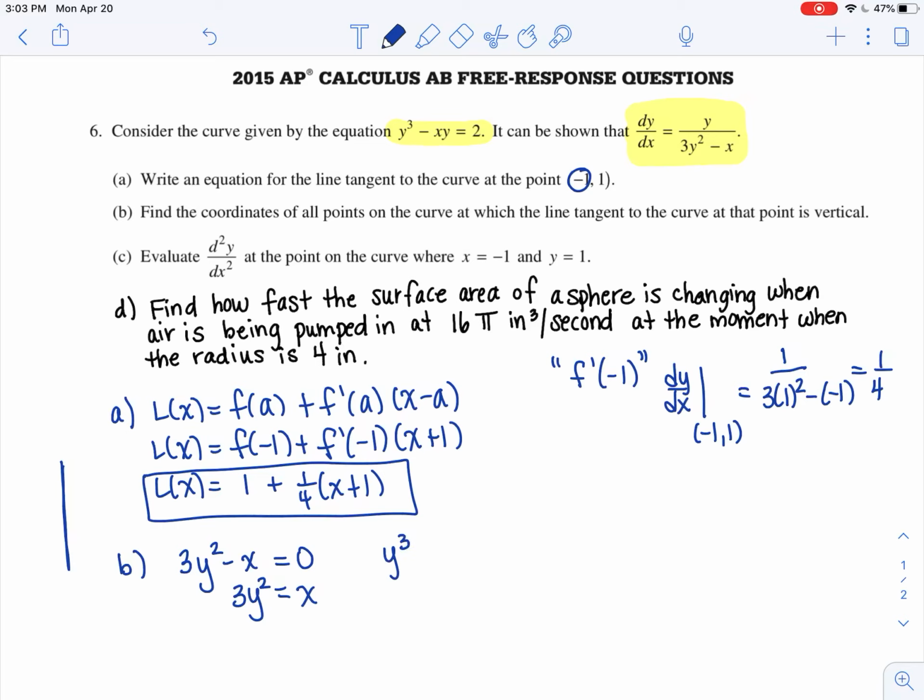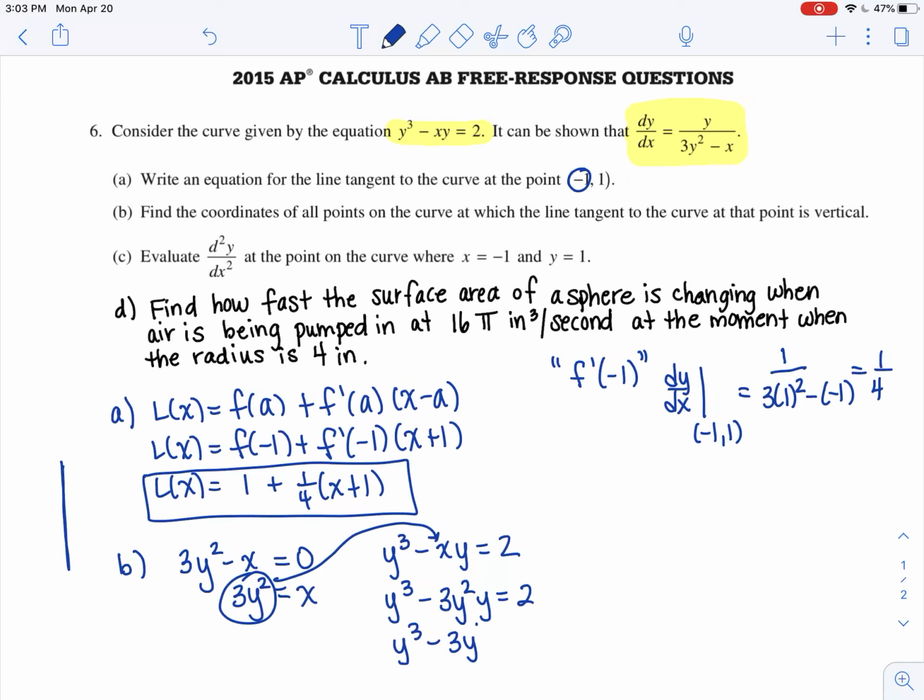So I'm going to go back and use my original curve they gave me, not function. And I'm going to say, any place where I had an x, I'm going to replace it with 3y squared. So I have y cubed minus 3y squared times y equals 2.